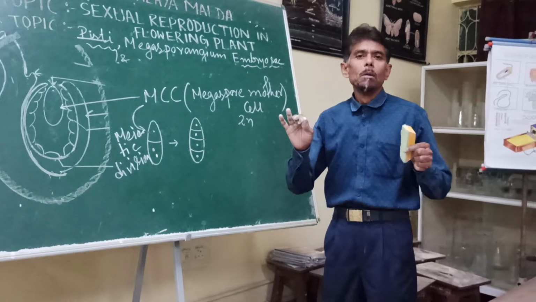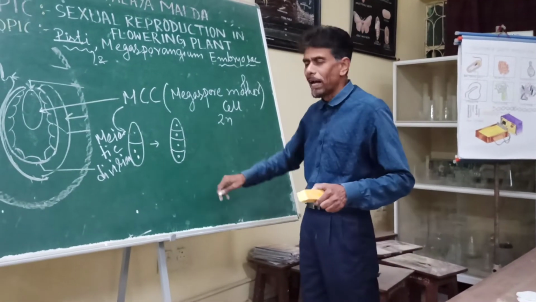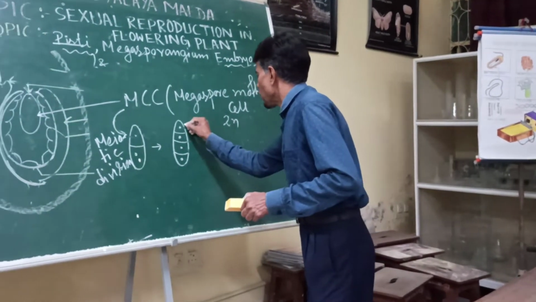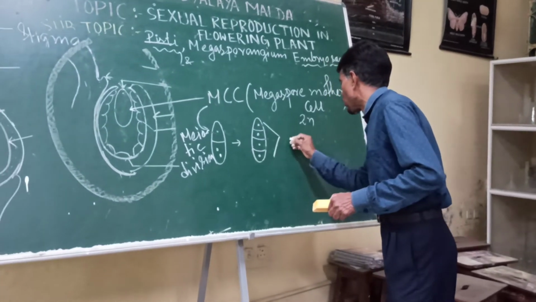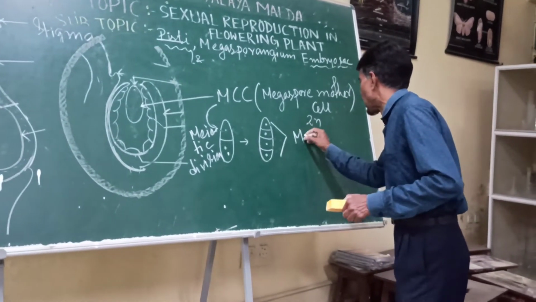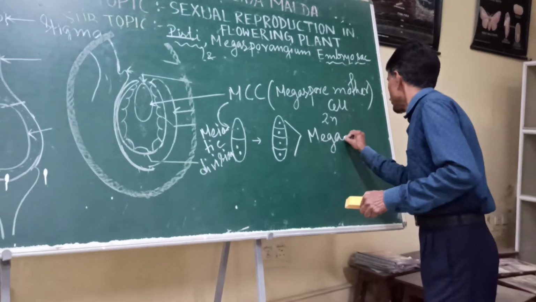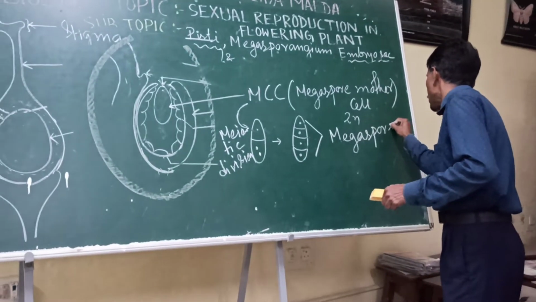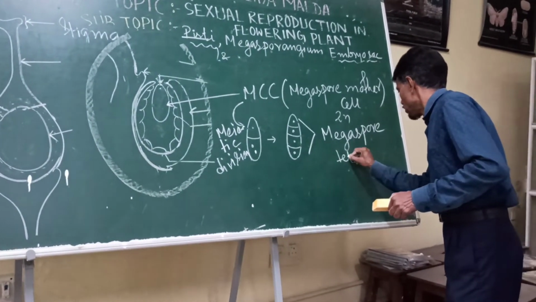They are called the megaspores. So 4 megaspores form. These 4 megaspores together are called a megaspore tetrad.